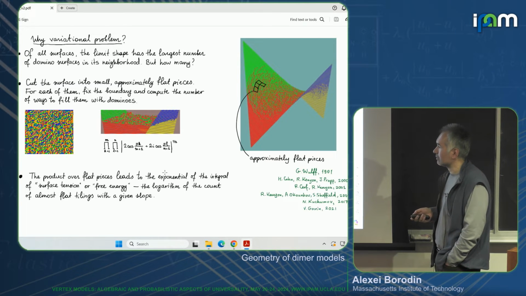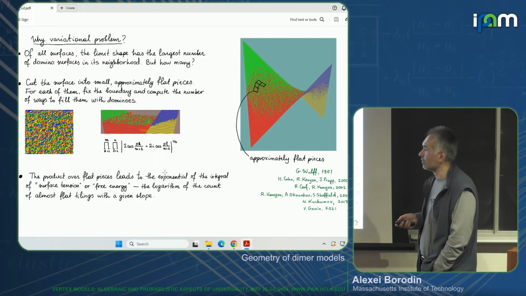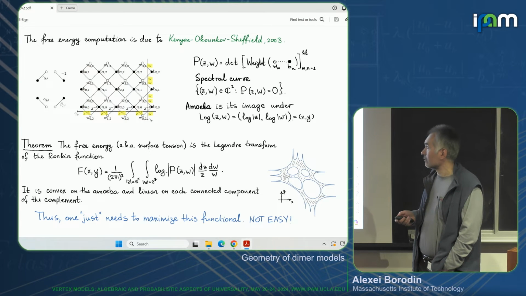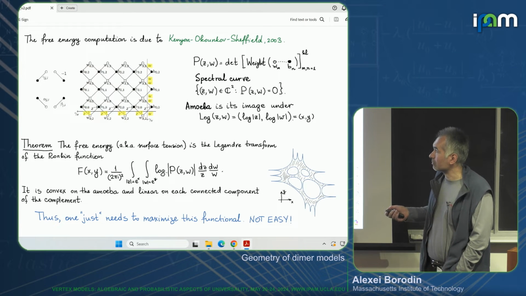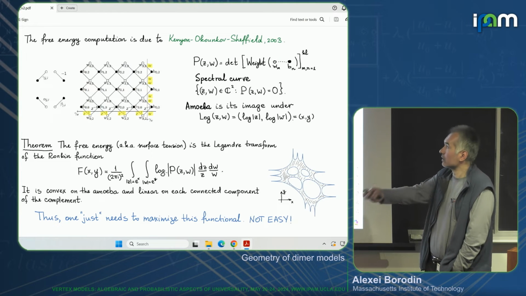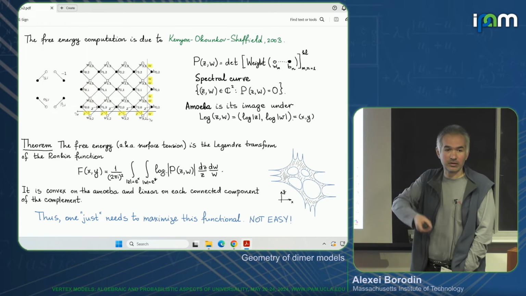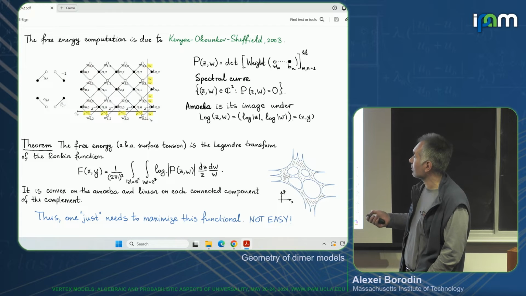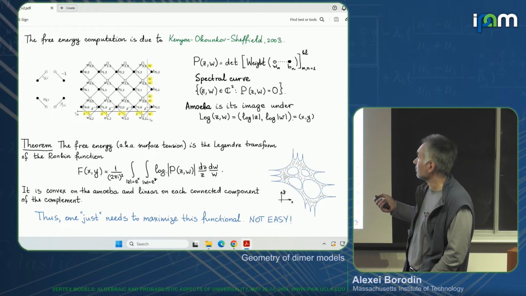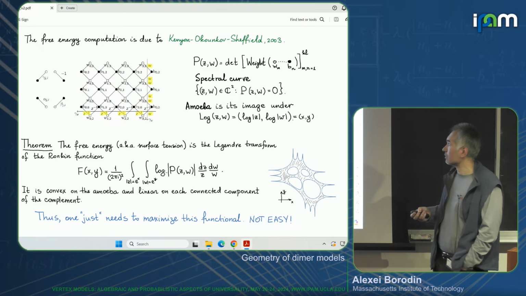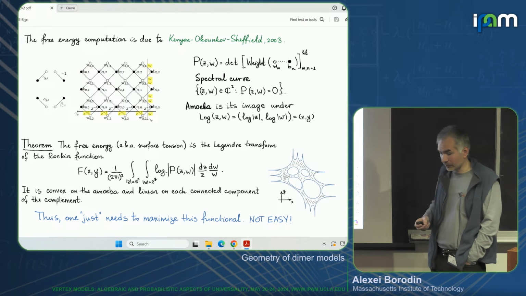That functional, the free energy or the surface tension that needs to be minimized, can be computed directly from my weights. The only input I start with are the weights, these numbers in the K by L rectangle. If I start with these numbers, one can produce a natural matrix in this setup, with matrix elements corresponding to white and black vertices.